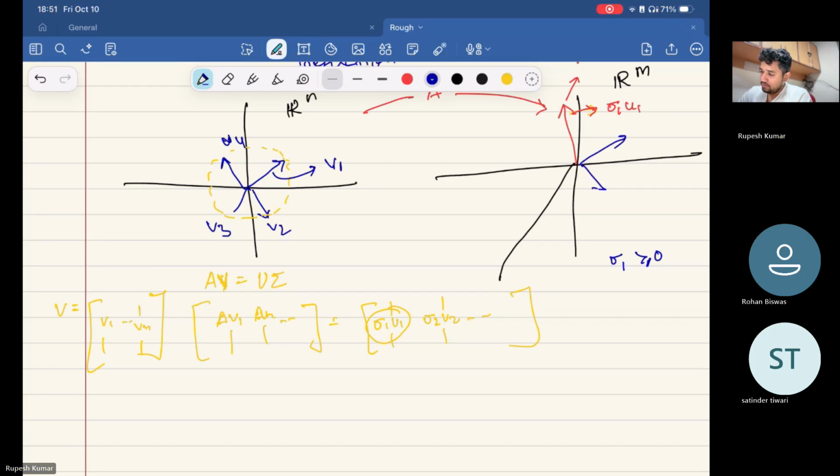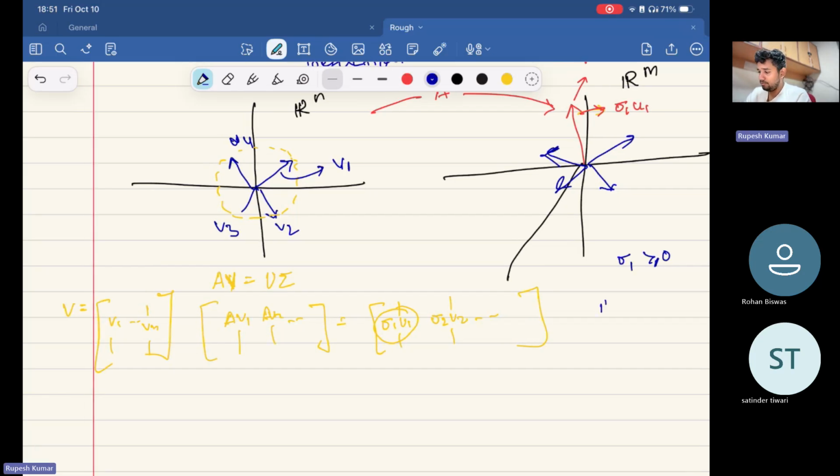You will observe that none of the outputs of all these matrix vector products will have length greater than the sigma 1 U1 vector. So their norms will be less than sigma 1. This is one of the useful properties of singular value decomposition.